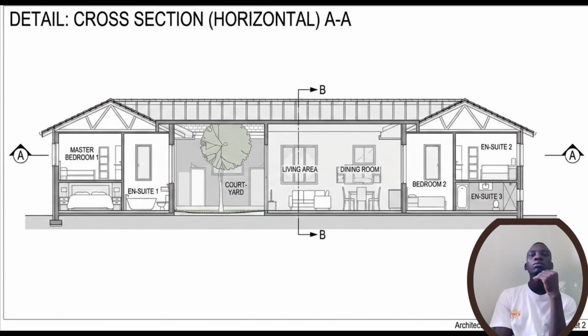We're able to see the bed, the toilet, the water closets, the drawers. Moving on, we have the living area, where we see the sofas. We see the dining tables. In bedroom 2, we're able to see the internal features of the bedroom. That's how a horizontal cross section of this plan looks.